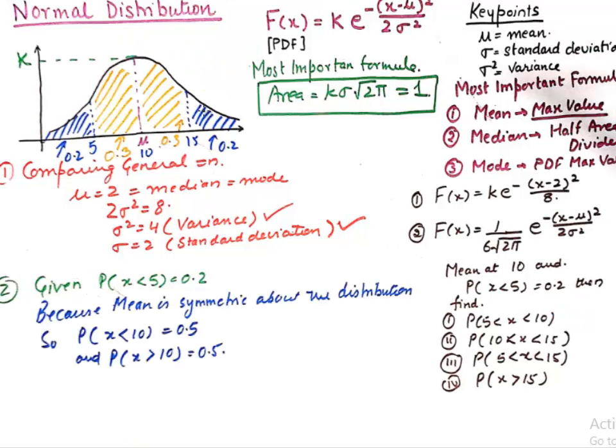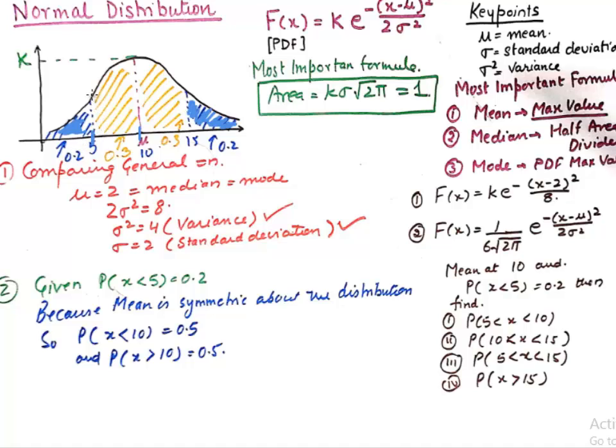And another important property here is, because the distribution is symmetric about the mean, the distance of 5 from the mean 10, if it is giving us an area of 0.2, then at the same distance in the other direction, which is 15, will also give me the same area, which is 0.2. We know that anything above 15 will also have the probability of 0.2, anything less than 5 will have a probability of 0.2.